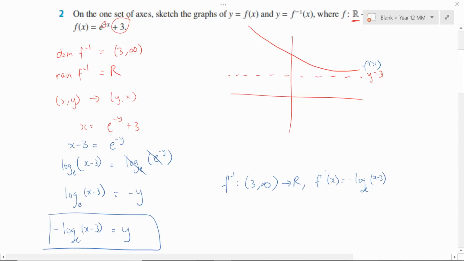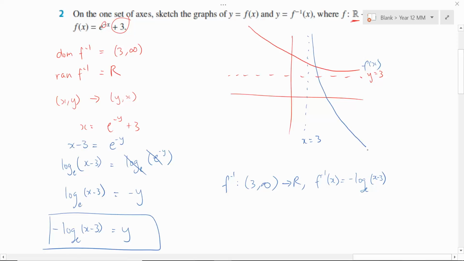If you did a reflection or the inverse, instead of y equals 3 being your asymptote, your new asymptote would be x equals 3. So here we go. It's a vertical asymptote at x equals 3, which makes sense, because if you read that, it tells me I'm moving to the right by 3. It also tells me there's a negative, so it's a reflection in your x-axis, it's upside down.